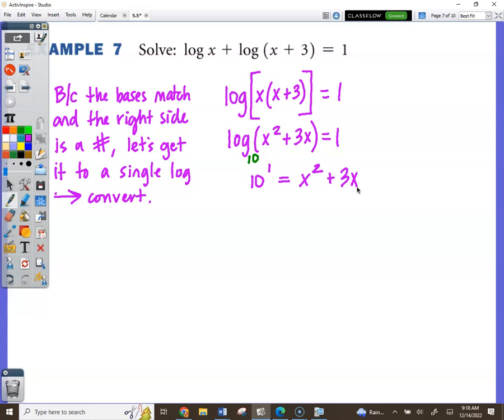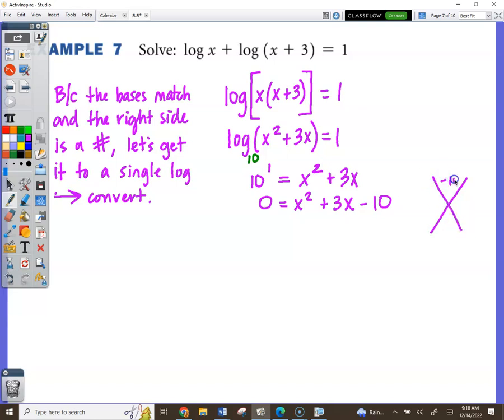Get everything to one side and see if it'll factor. So I'm going to subtract this 10 over. Factors of negative 10 add up to 3. Positive 5 and negative 2, right?